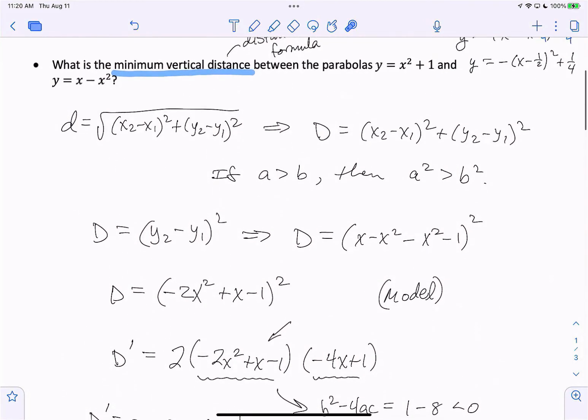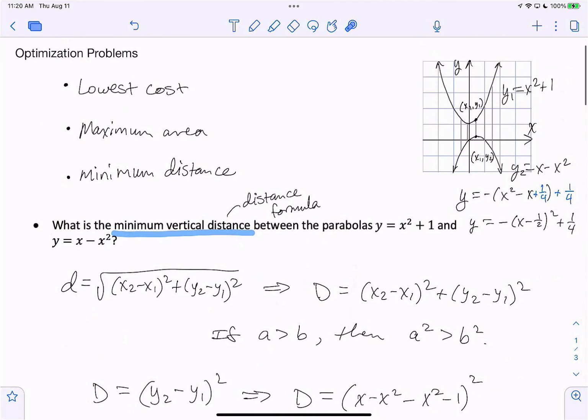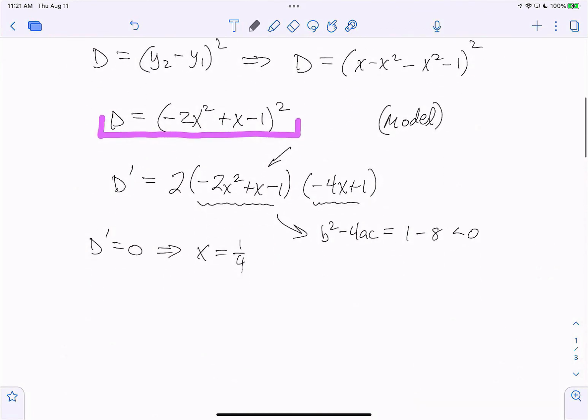Now at this point, we've got to pay attention to what was being asked. We weren't asked what's the x value for the minimum vertical distance, but we can see it's where the lower parabola has its vertex, right? We were asked for the actual minimum distance. Since we have this expression for the square of the distance, we can say that the actual distance is equal to the absolute value, because we're essentially square rooting a square, right?